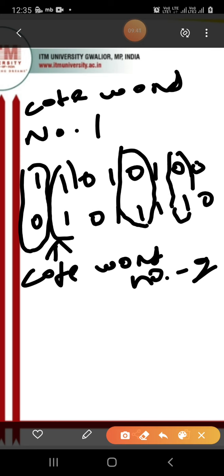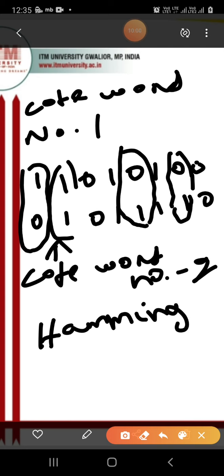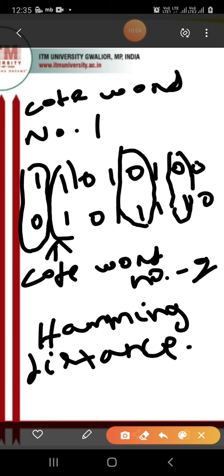So bits 2, 4 and 8 are different from each other. That means the Hamming distance here is 3. Understood now?